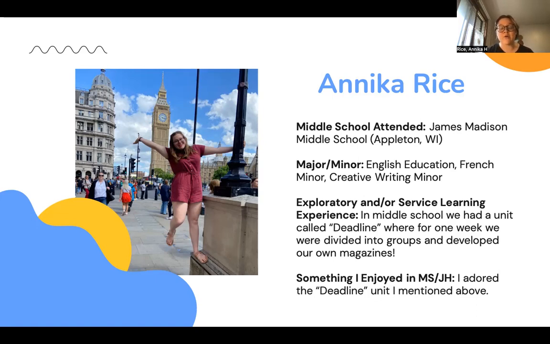So we were in and out of middle school in a flash. It went by so fast. And we had that team structure that we started learning about in class. Yeah, so I found that most of my exploratory learning experience was in eighth grade, which I'm excited to talk about in just a moment.